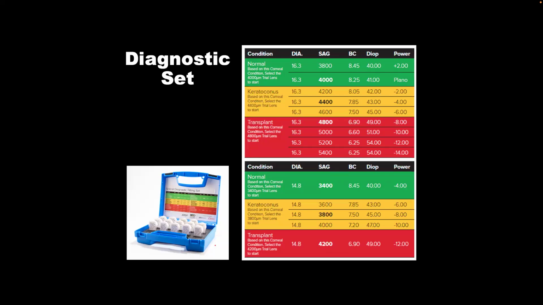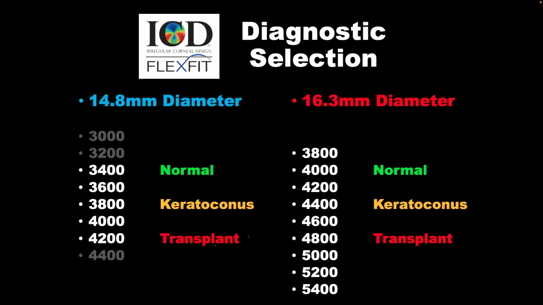As well, if we have a bulging eye, like a big prolate cornea or keratoglobus, we can achieve that fit with a 5,400 sag value and it will work out pretty much.